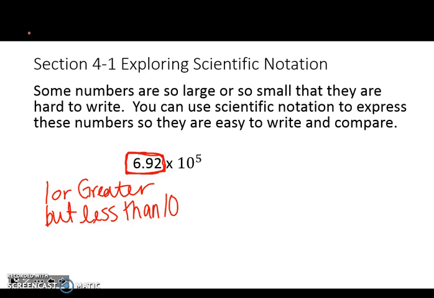So we could have any number in that first spot that is 1 or greater, but less than 10. We could have 7.57, we could have 9.999, we could have 2. But that first term has to be a number 1 or greater, but less than 10.